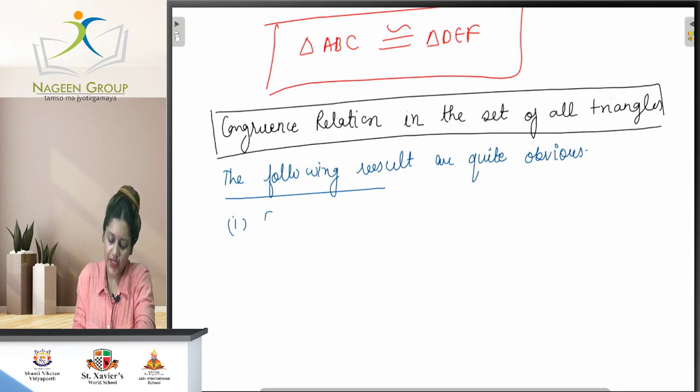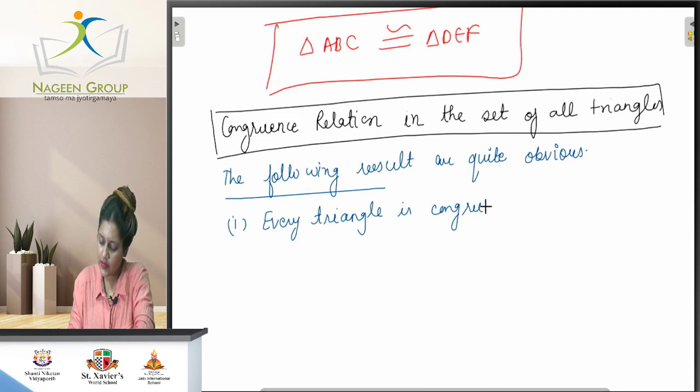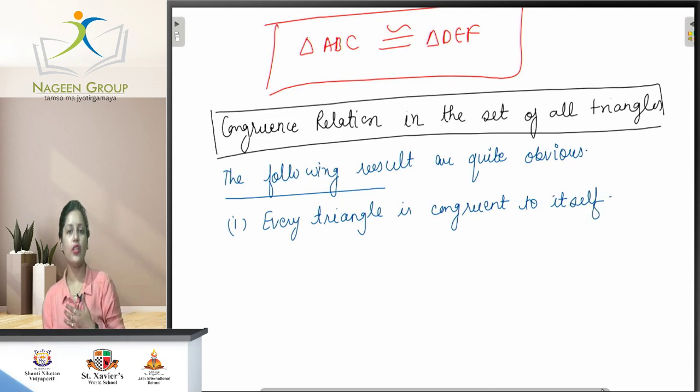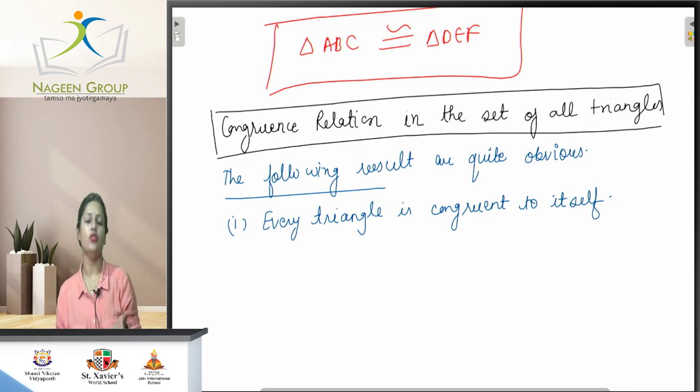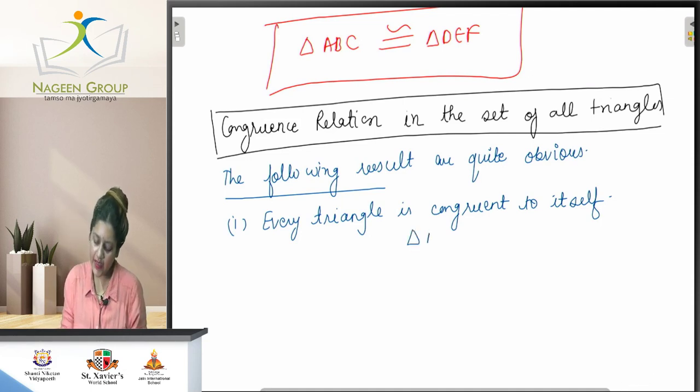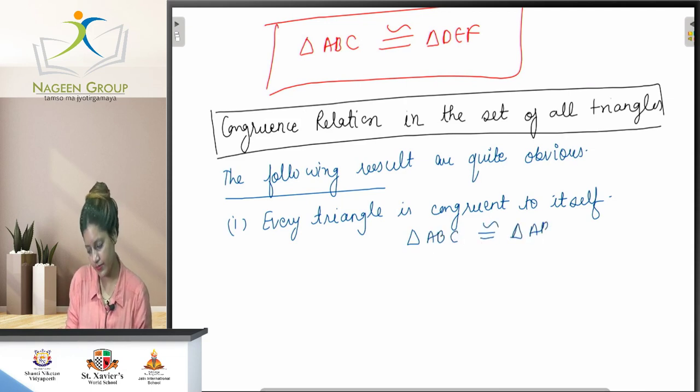First one is every triangle is congruent to itself. I have also told you that I am congruent only to myself. No other animal or human being is congruent to me. So every triangle is congruent to itself, like triangle ABC is always congruent to triangle ABC.